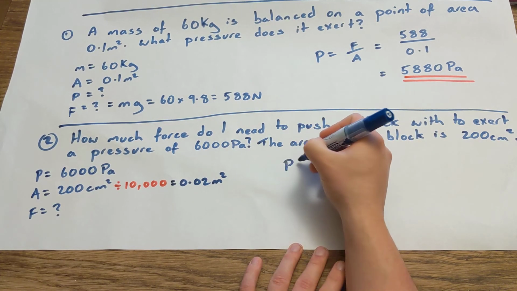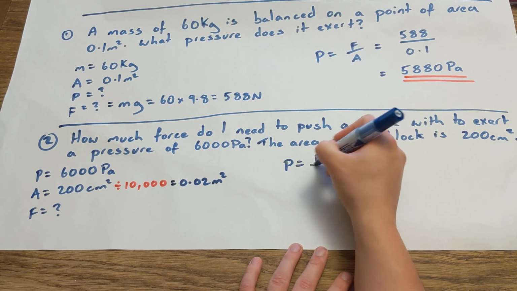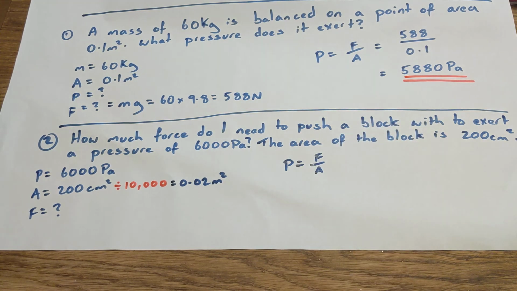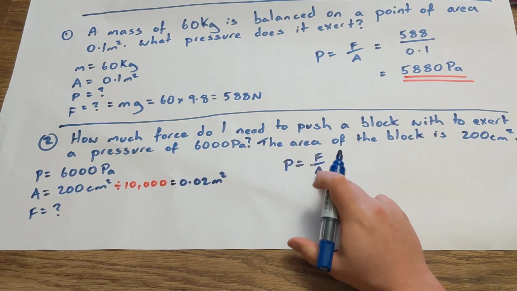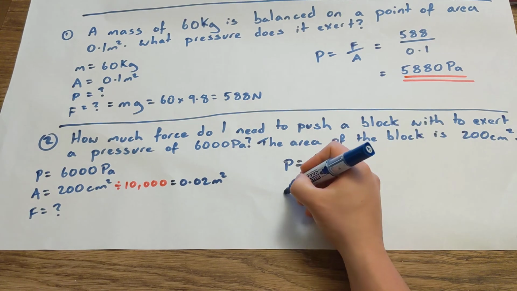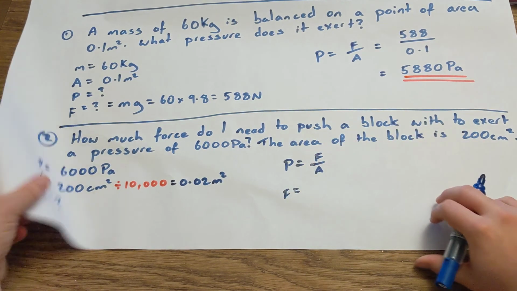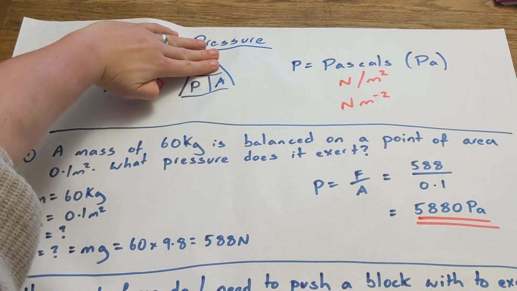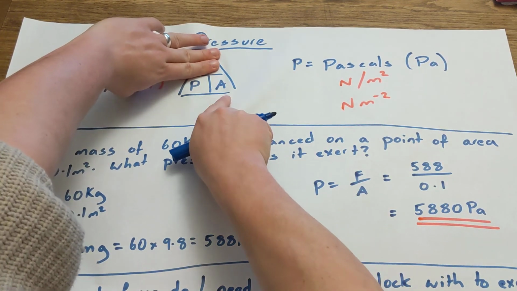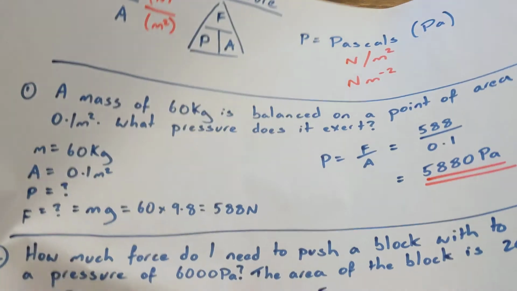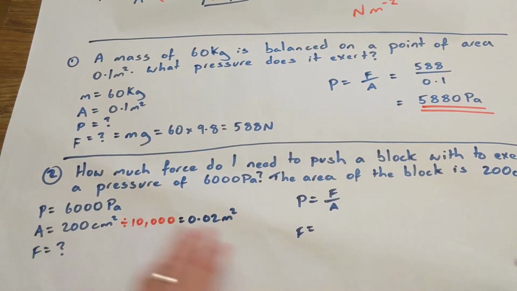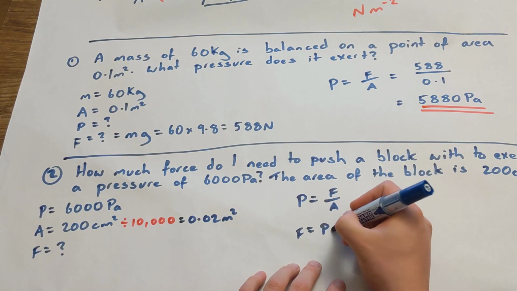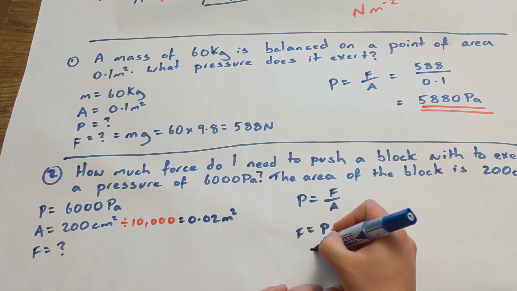Okay, now we have the two things we need. So our normal equation is P equals F over A, but I want to rearrange this to get the force. So if we look up at our triangle, okay, cover up force, well that tells me it's pressure times area I need. So let's do that then. Force equals pressure times area.